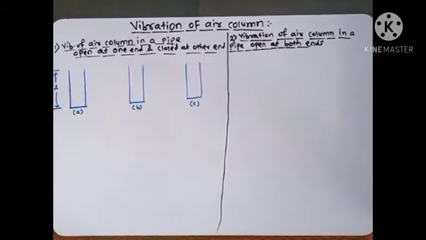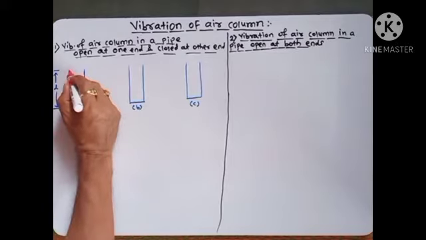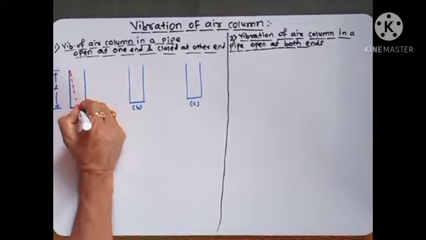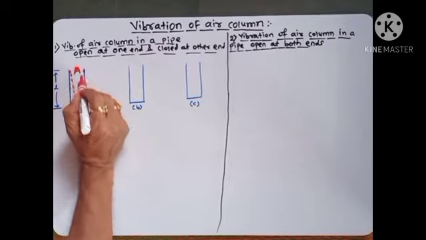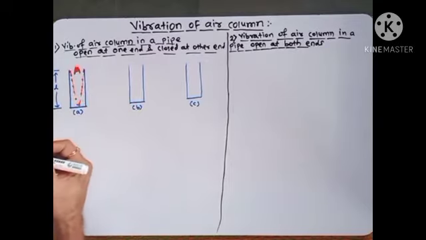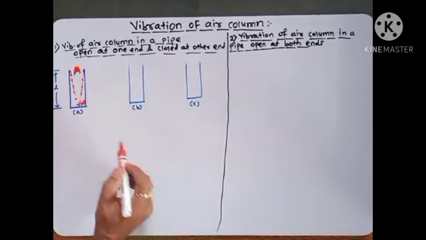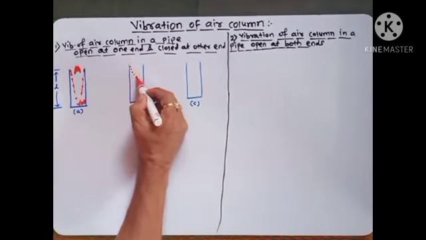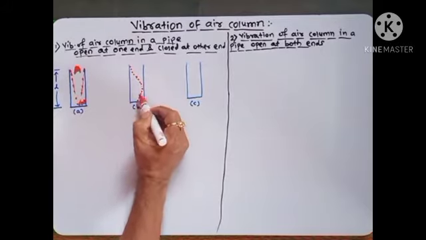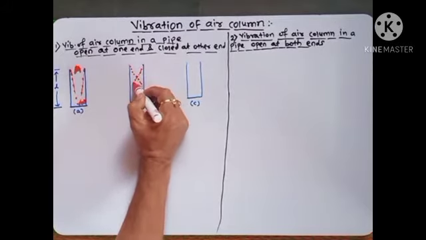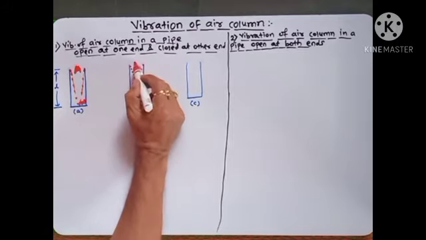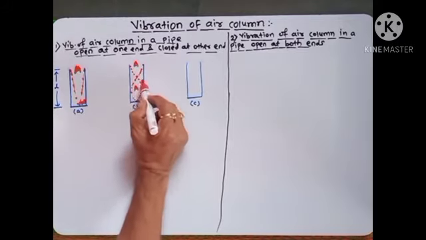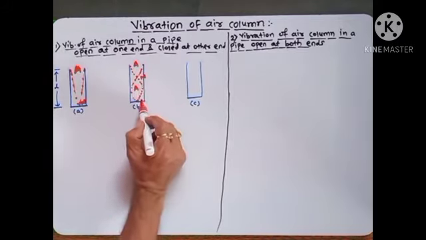Here in this pipe, suppose when air column vibrates, we get one antinode and one node. Here we consider two antinodes like this. Two antinodes. This is one antinode, and two nodes.